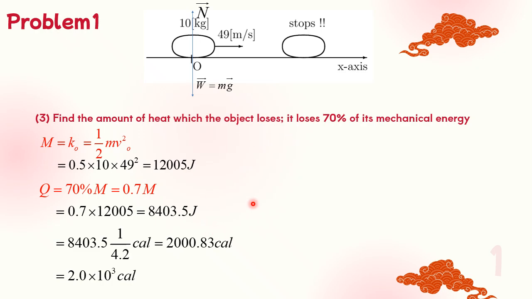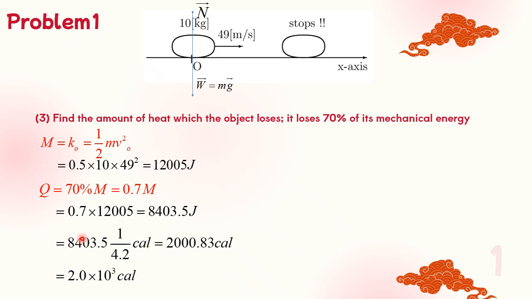But that is in joules, and in the problem we are asked to find it in calories. So we need to know that 1 calorie is equal to 4.2 joules. In order to convert joules to calories, we divide by 4.2. So 1 joule is 1 over 4.2 calorie.